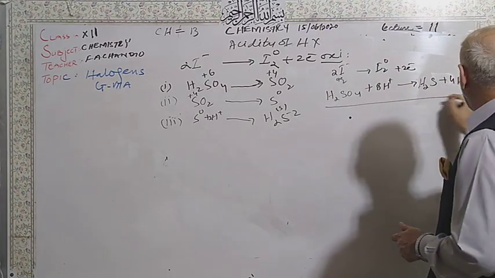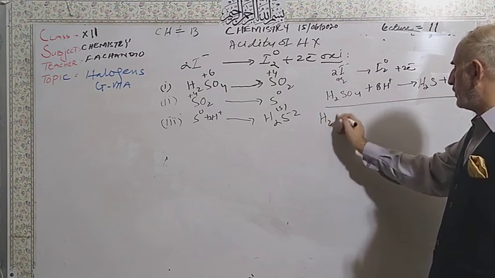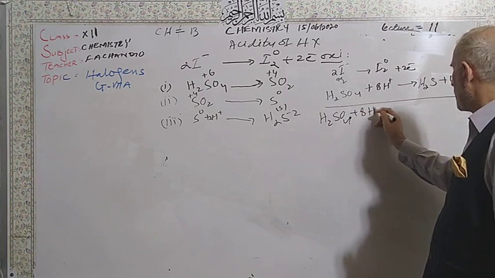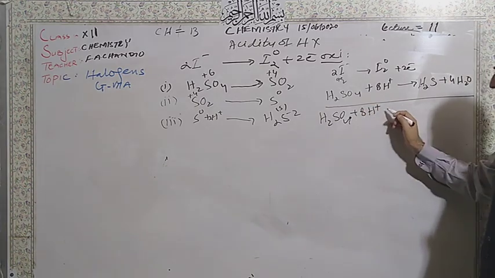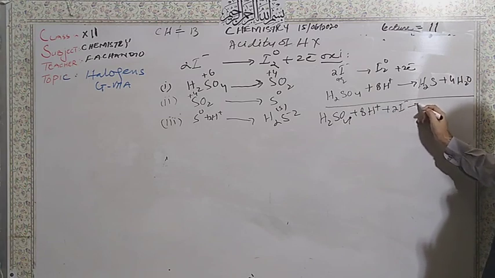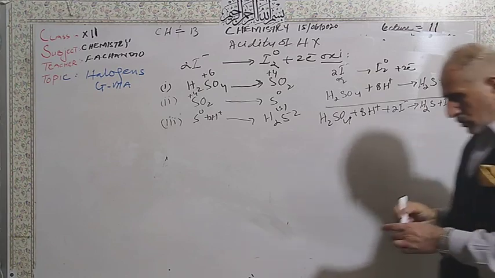So now if you add these all, this is sulfuric acid in aqueous hydrogen ion acidic media plus 2 iodide to give hydrogen sulfide plus iodine and plus 4 water molecules.